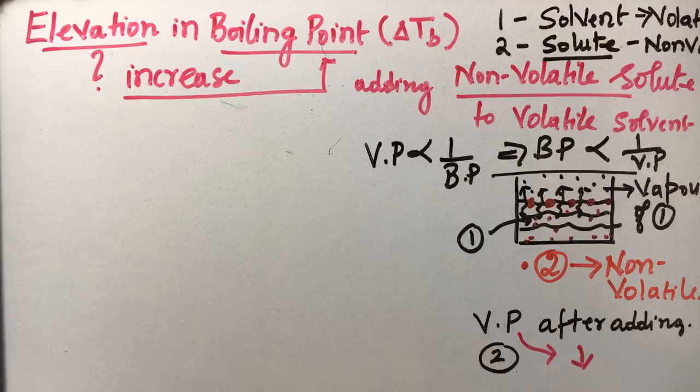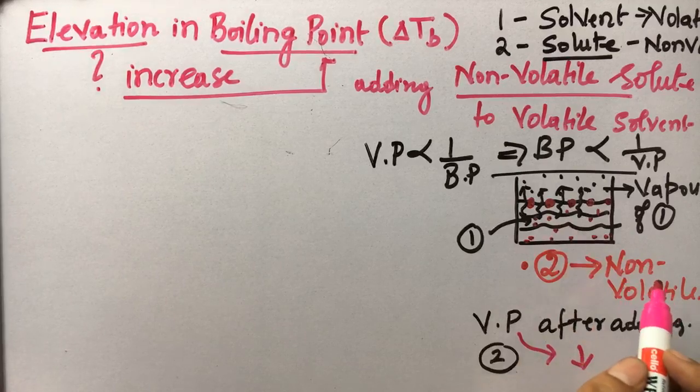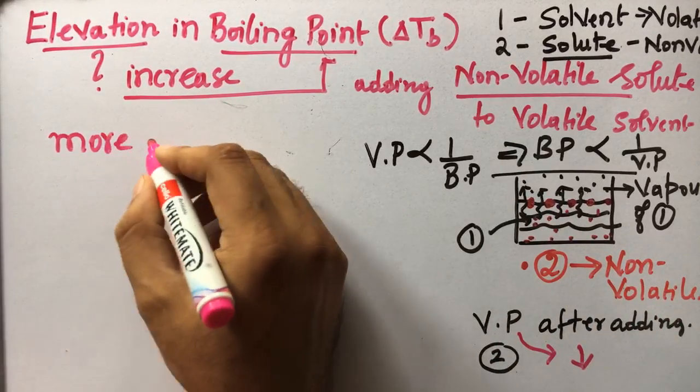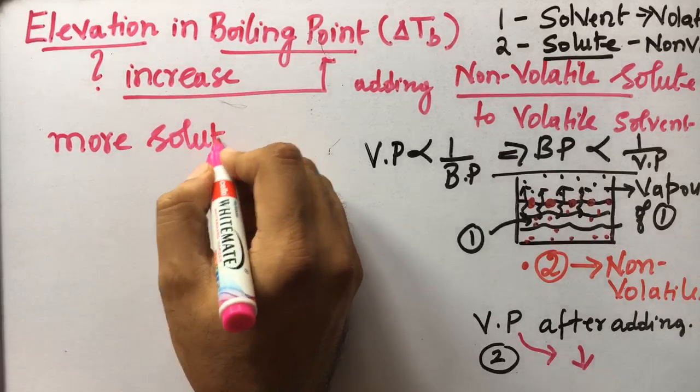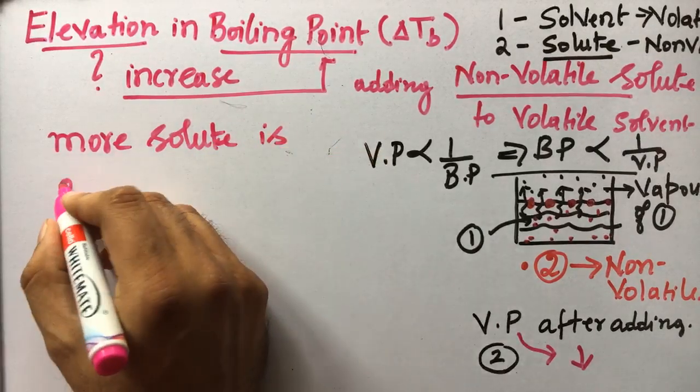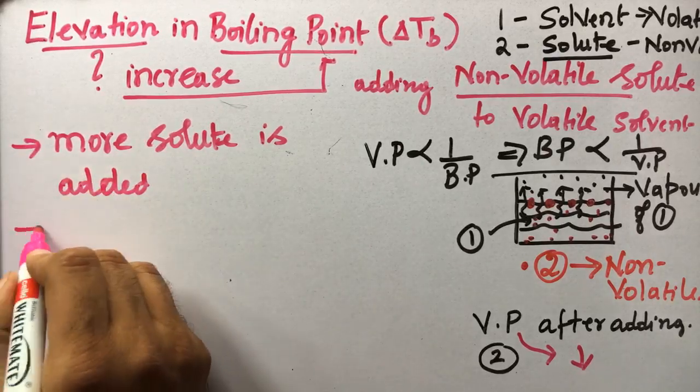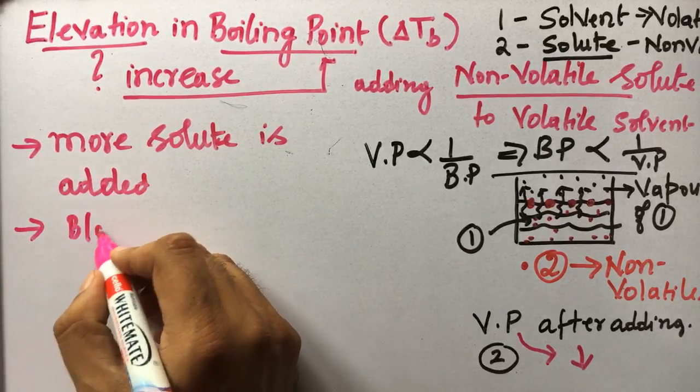Okay, now let us go to the part we have to understand here. When you start adding more and more of component 2, when more solute is added, what will happen to the blocking on the surface of the liquid?